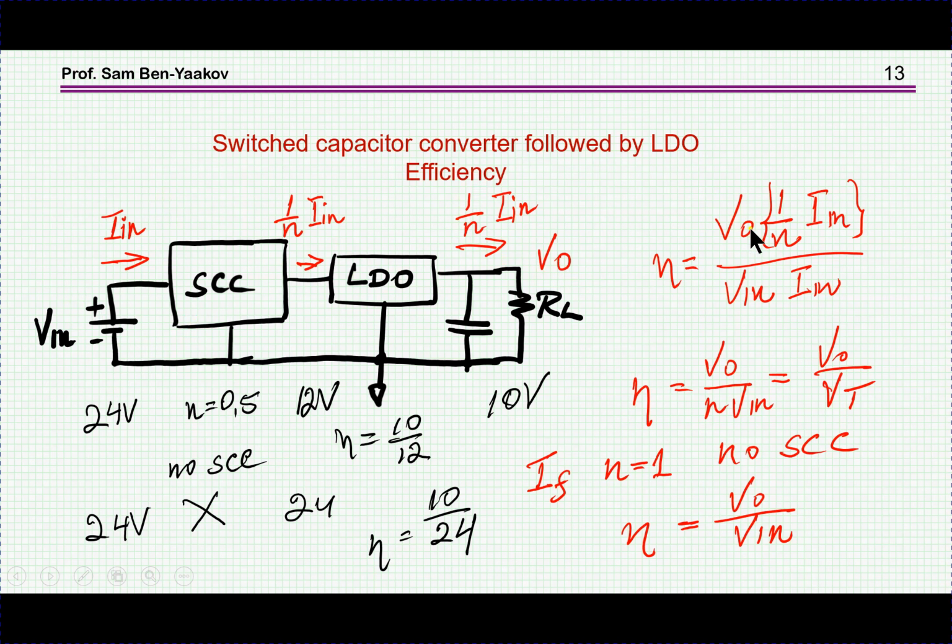If I go through it, V out times the current at the output, which is 1 over N times I in, we get the same result.